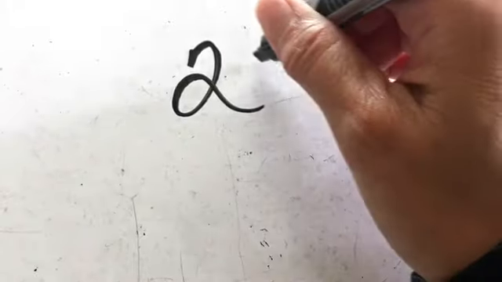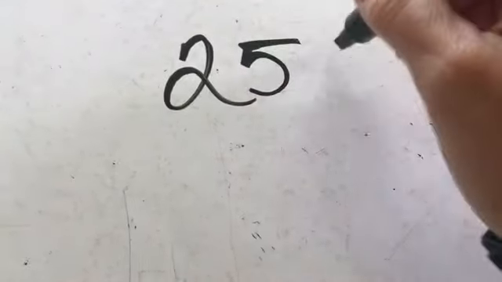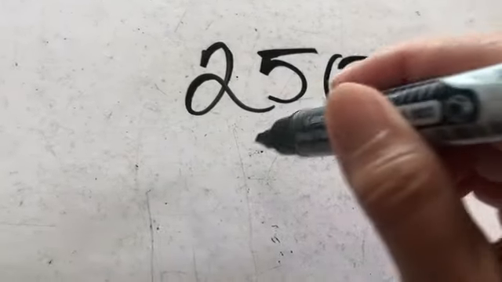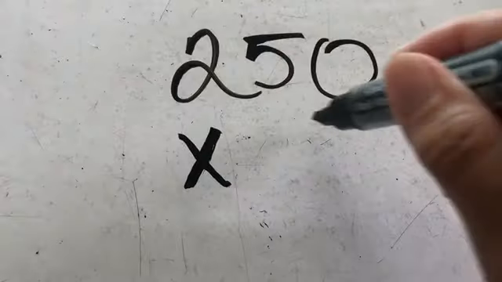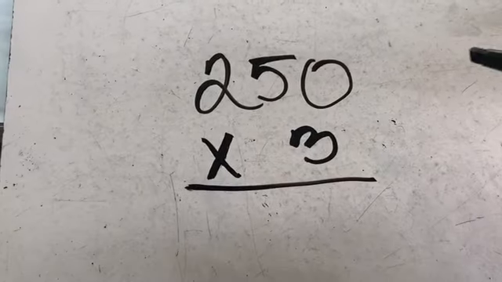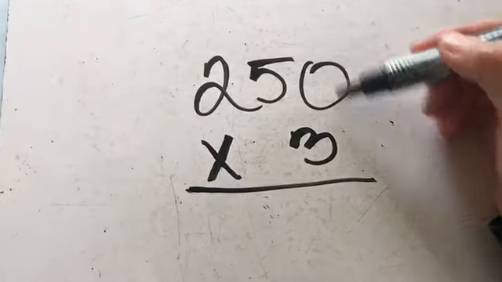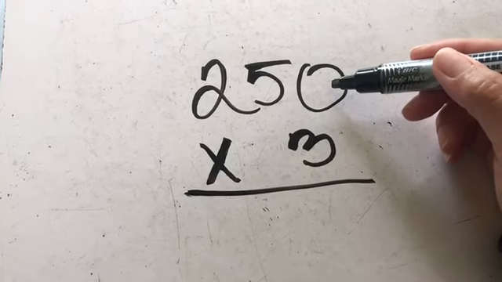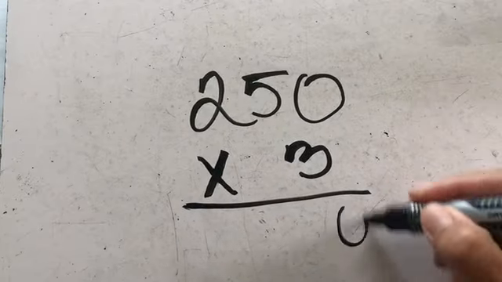Just like multiplying a 2-digit number by a single digit, we're going to take the number 250 and multiply that times 3. All we do is start from the right in the ones place. We multiply the 0 times the 3, we get 0.